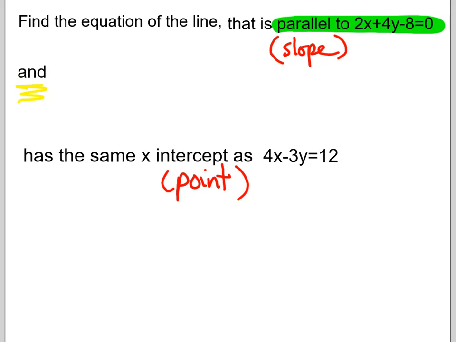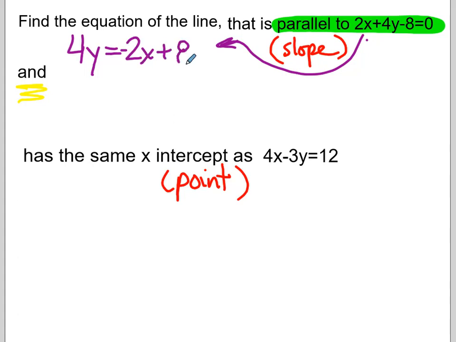Okay, so I'm going to take this. I do not like the standard form, so I'm going to rearrange this expression. So I'm immediately going to subtract 2x from both sides and add 8 to both sides. Okay, I'm then going to divide everything by 4.